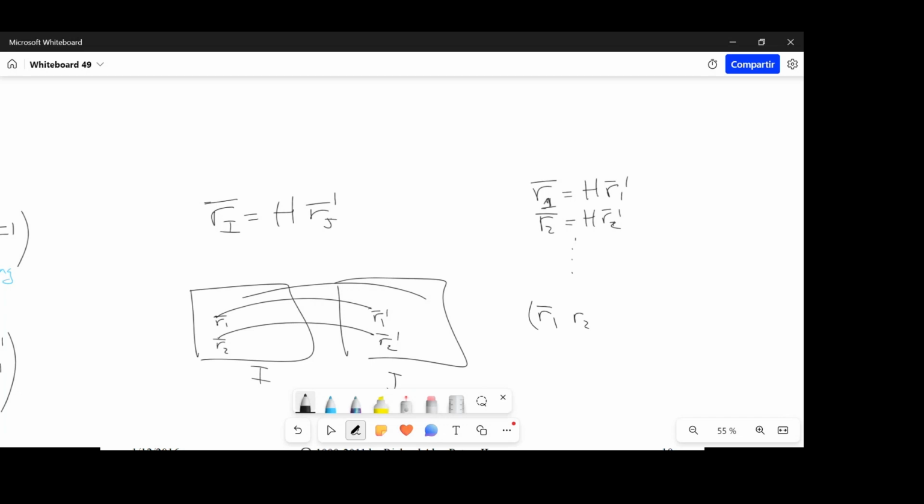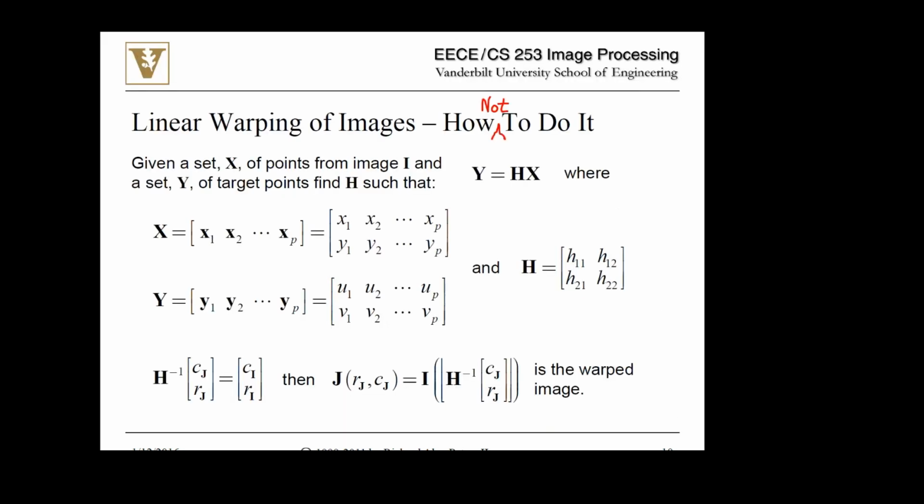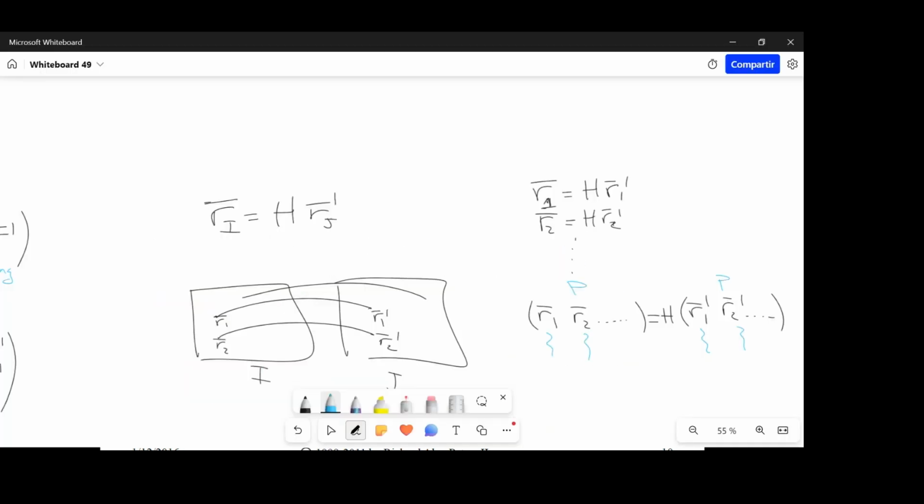R1 are vectors. Let's put sizes. So let's say that you have P points, P pairs. So this is the matrix. They have names for those matrices.